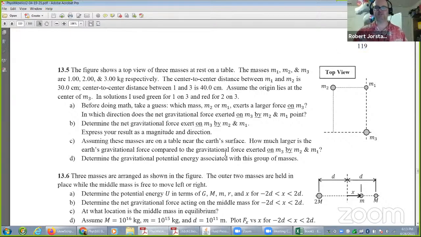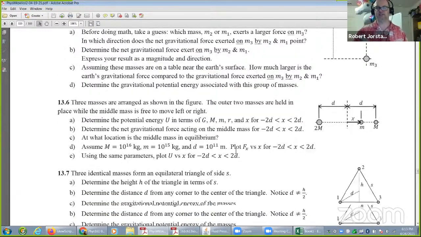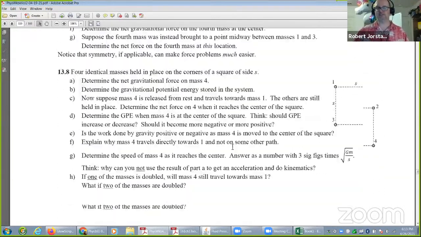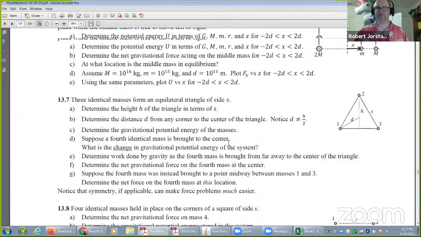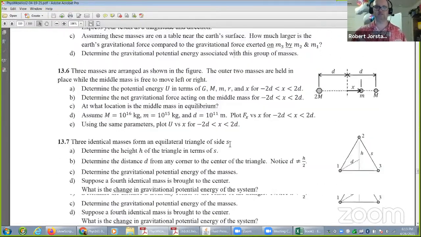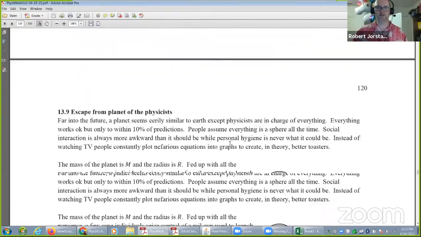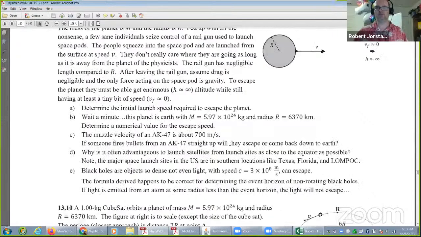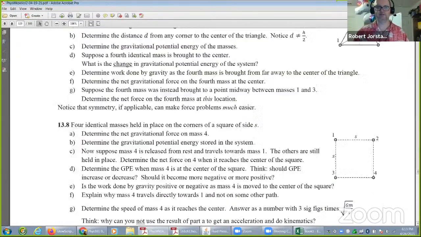It's got forces, it's got energy, it's got different types of geometry, it's got straight lines, it's got triangles, it's got squares. It's got a number of different features here. I think the next page is pretty good too. All right, 13.10, not so much, but all right.